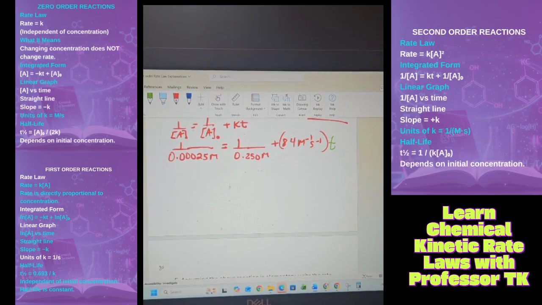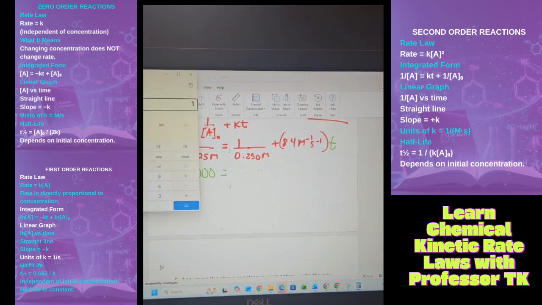Let's go ahead and do this from this part right here. 1 divided by 0.00025 is 4,000. I'm leaving the units off, guys, because the M's are going to cancel anyway, and you're left with seconds as your answer.